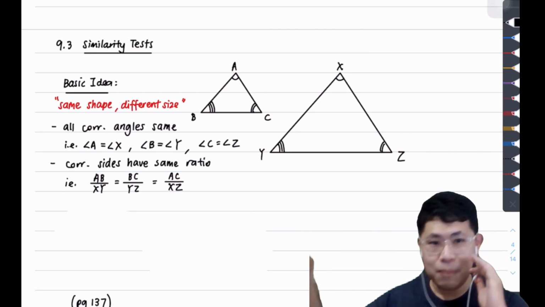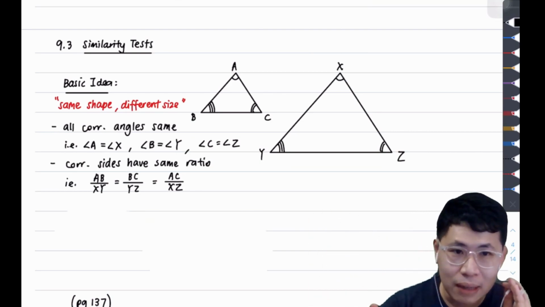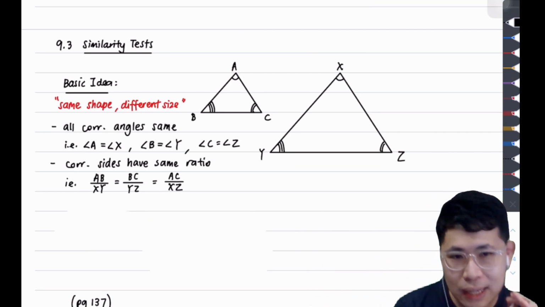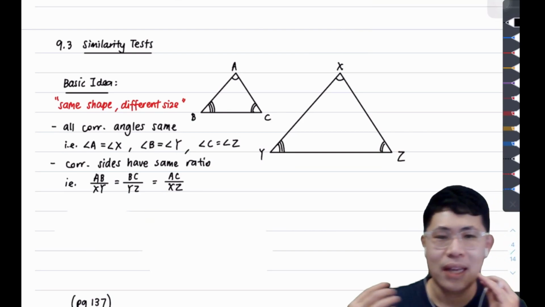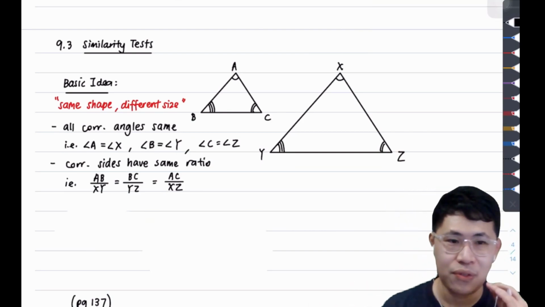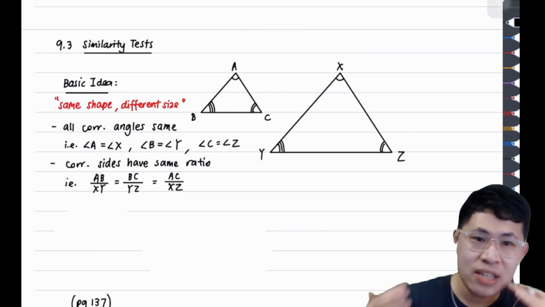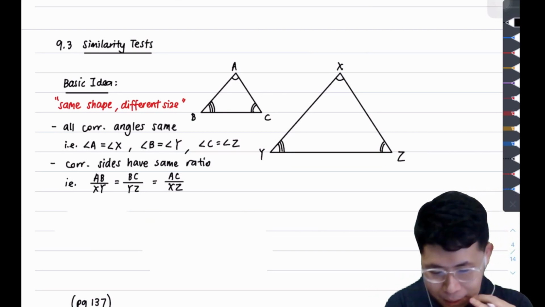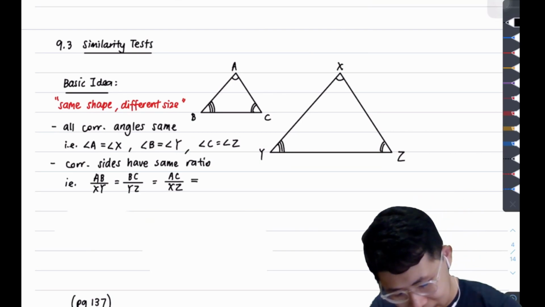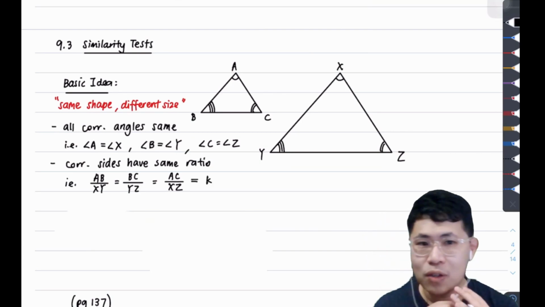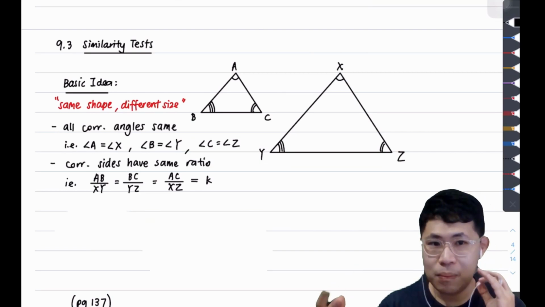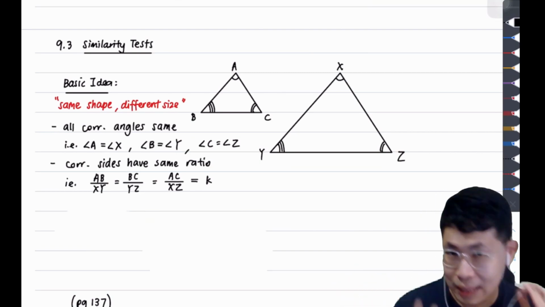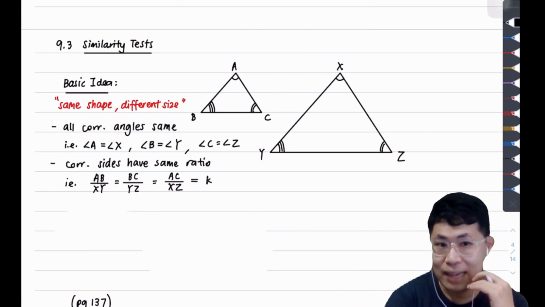For example, AB over XY will give you one number, BC over YZ will give you another number, AC over XZ will give you another number, and these three numbers are equal. They are the same number. So they are going to be equal to a number K. This means that one shape is proportional to another shape in terms of length.